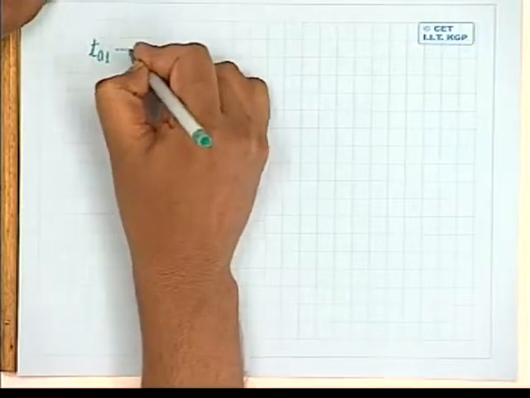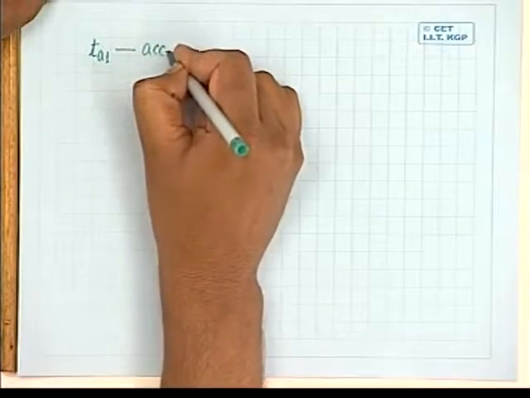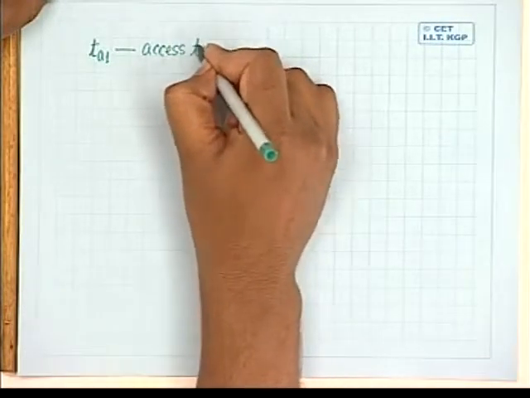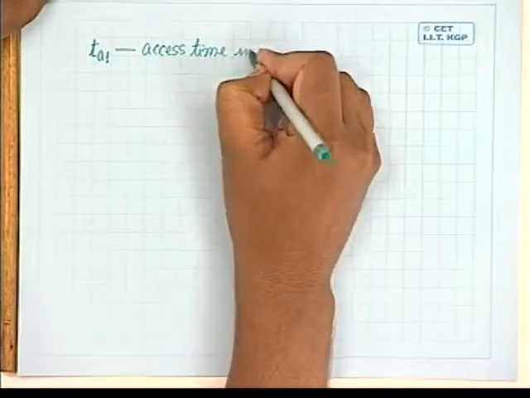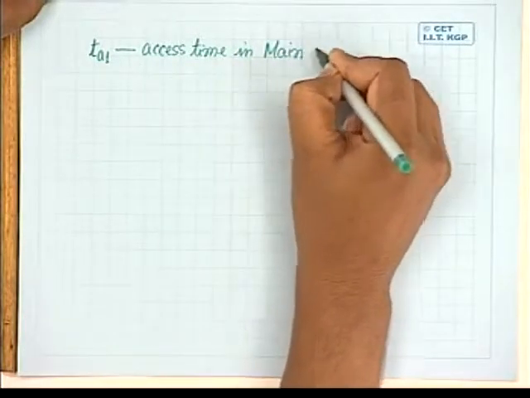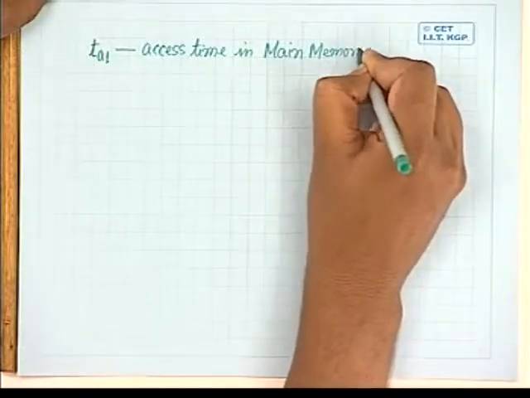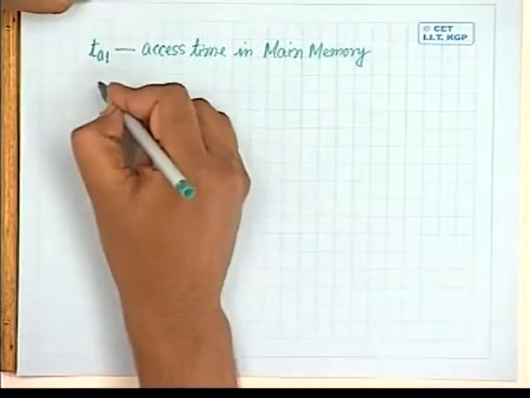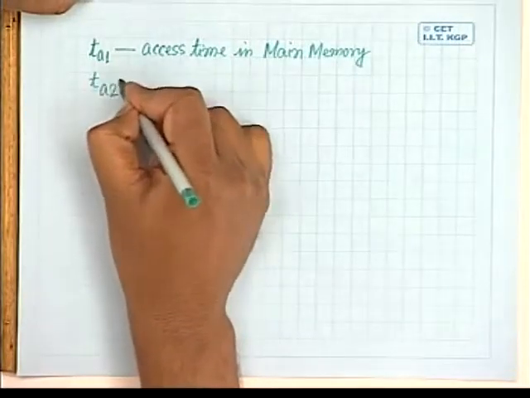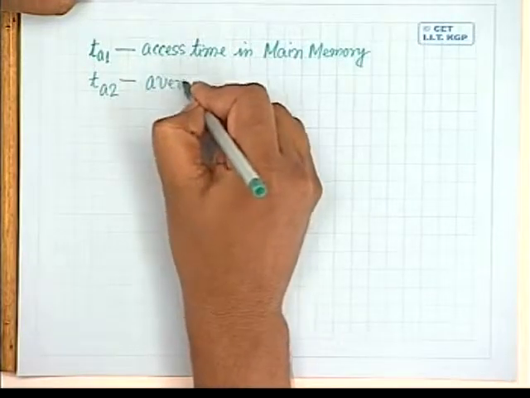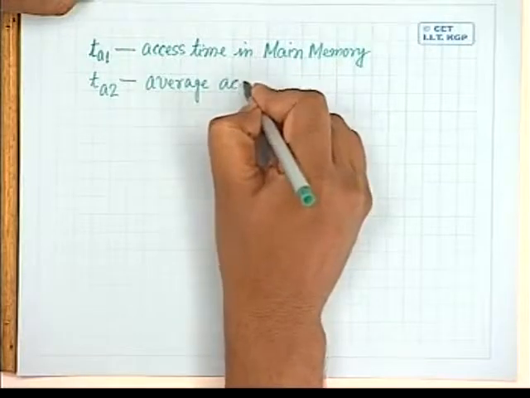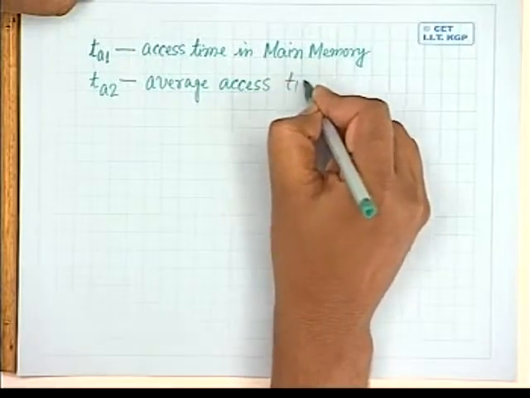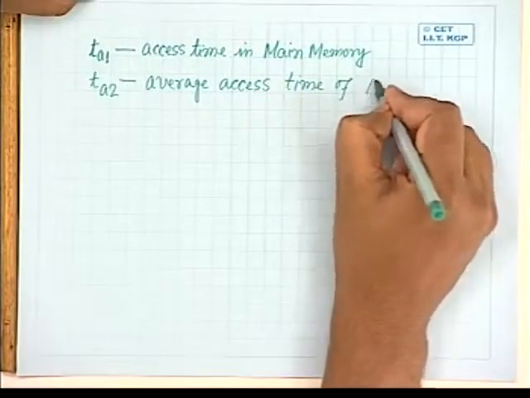Okay. So if we say that we have two kinds of access times, I'll say that TA1 is the access time of a location in main memory, okay, and suppose TA2 is the average access time of secondary storage or disk.